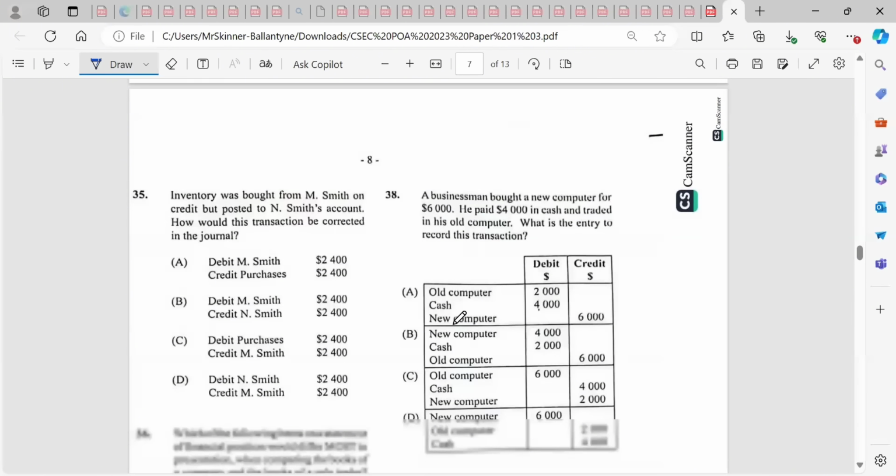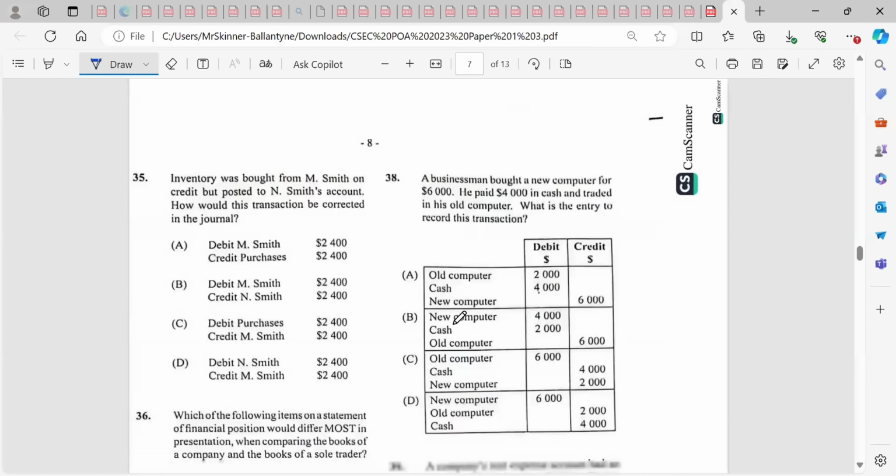Number 35. Inventory was bought from M. Smith and credited but posted to N. Smith's account. How would this transaction be corrected? The inventory is bought on credit, so when we bought it from M. Smith, we would have debited purchases and credited the creditor's account. But instead of crediting M. Smith, we credited N. Smith.